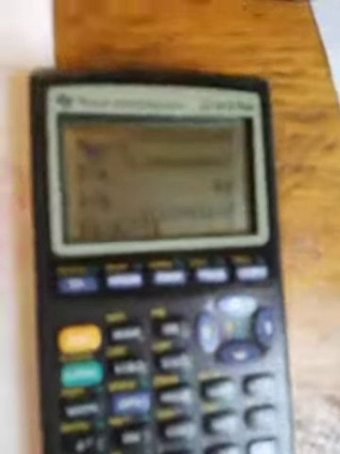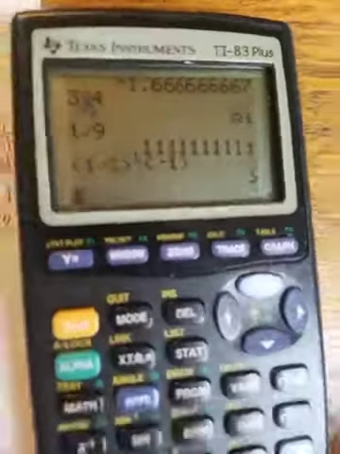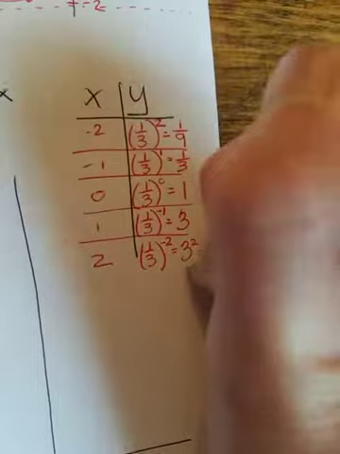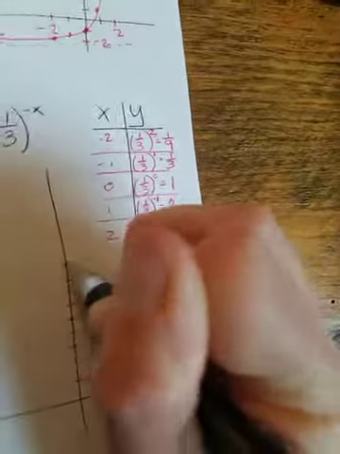You could also prove that to yourself by putting 1/3 to the power of -1 in your calculator, which is 3, for those of you using your calculator. This would be 1/3 to the -2. Because of the negative exponent, you have to flip it to 3 squared, which is 9. So we're going from 1/9 to 9. So 1, 2, 3, 4, 5, 6, 7, 8, 9.